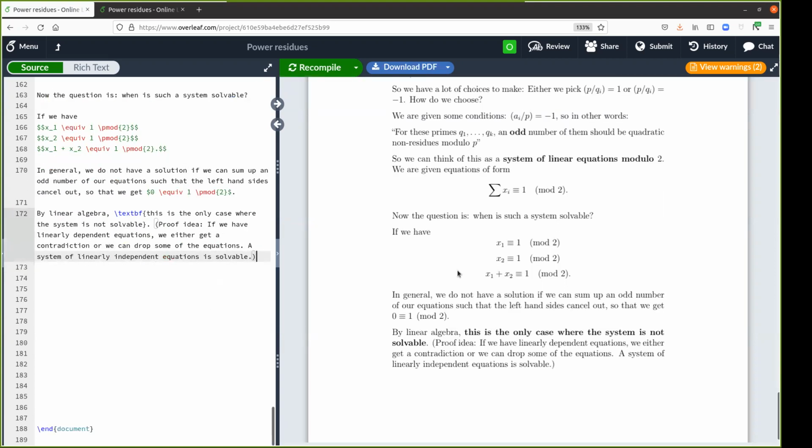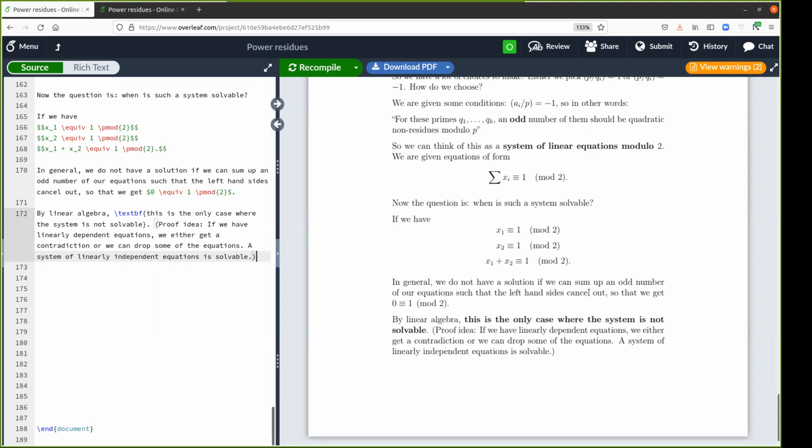So if we have some linearly dependent equations, then we either get a contradiction like here, or we can just drop some of the equations without affecting the solution set. And then in the independent case, we have a solution.